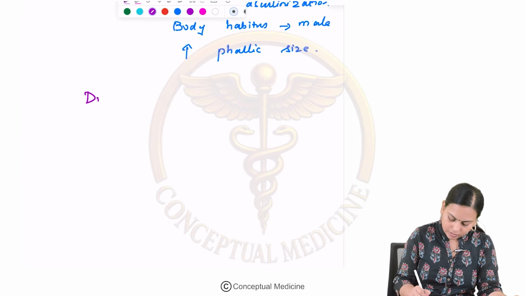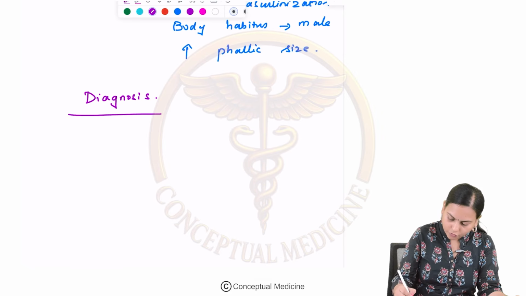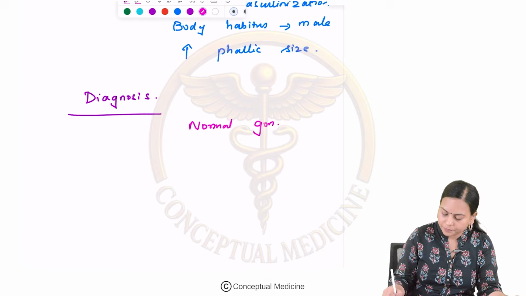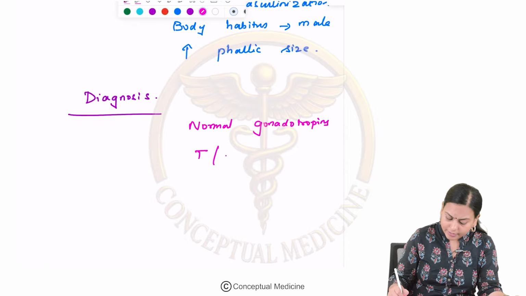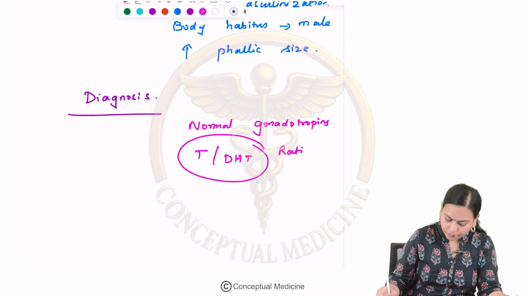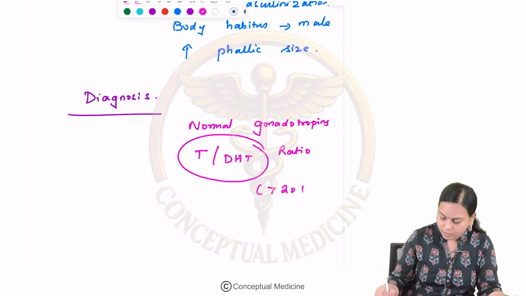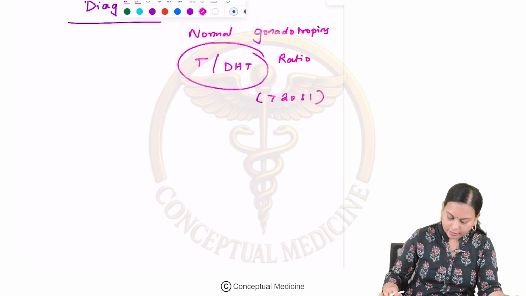Okay. So, how will you be diagnosing this condition? So, diagnosis usually depends upon the detection of normal gonadotropins. At the same time, you will have an abnormally high level of testosterone to dihydrotestosterone ratio. Okay, this will be more than 20:1. Clear?